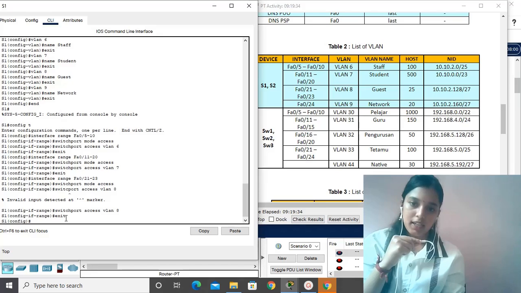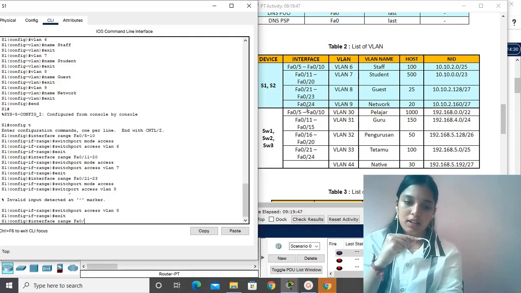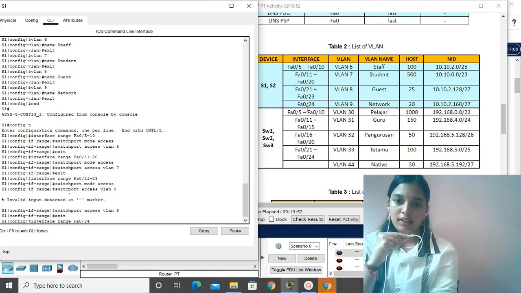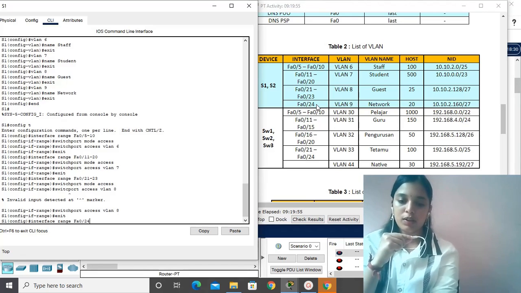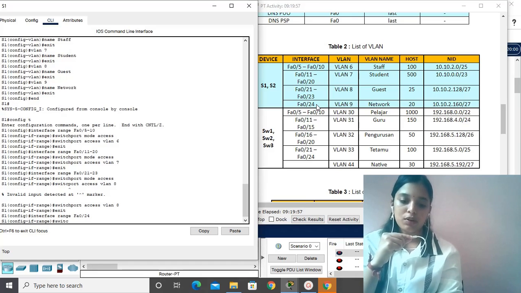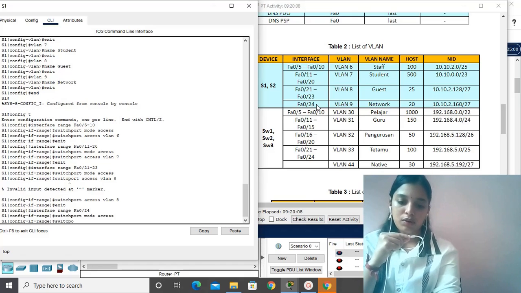Okay, then the next is interface range FA0/24. There is given 24 only, so we need to write 24. Switch port mode access. Switch port access VLAN.